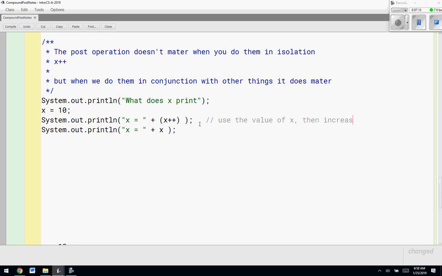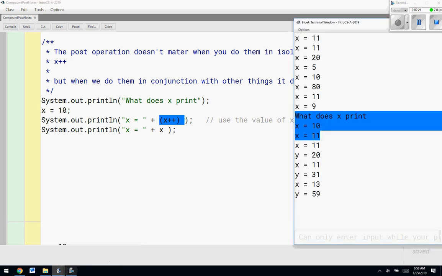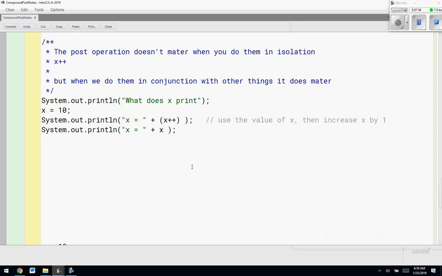That's why it printed off x equals 10. It then increased x by 1. That's why the next time when it printed off x equals x here, it printed off x equals 11. So the post increment uses its current value, then increments it by 1.